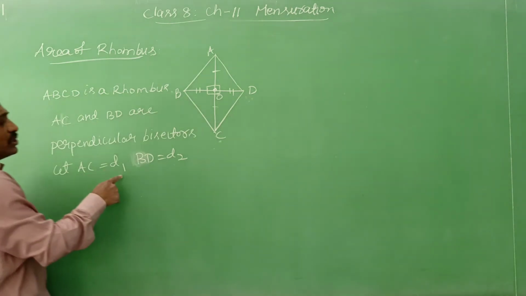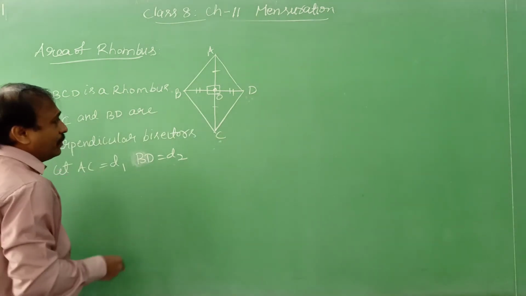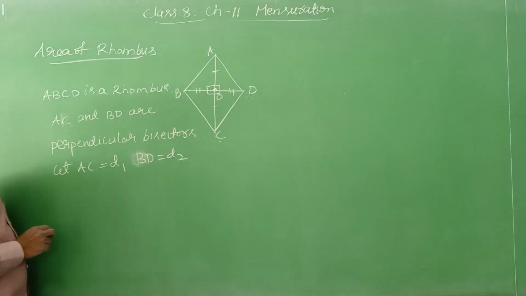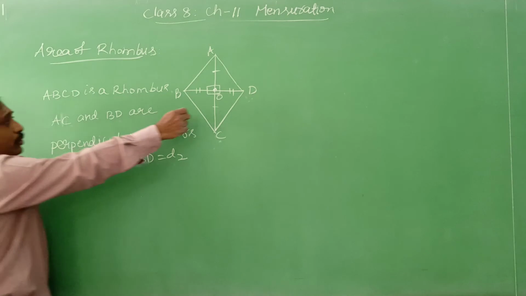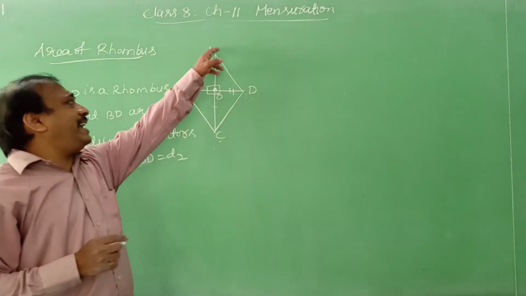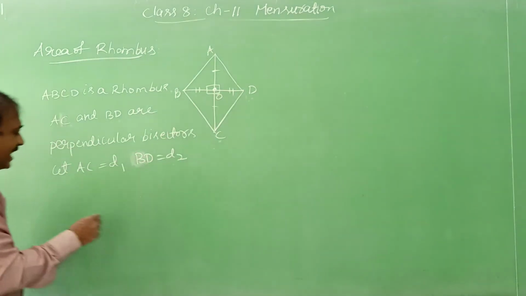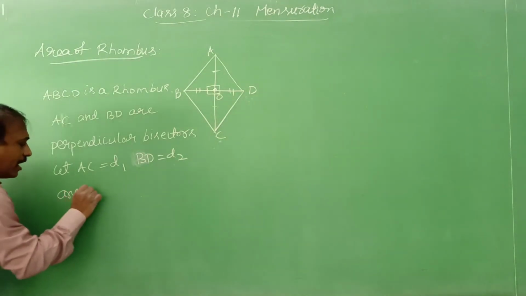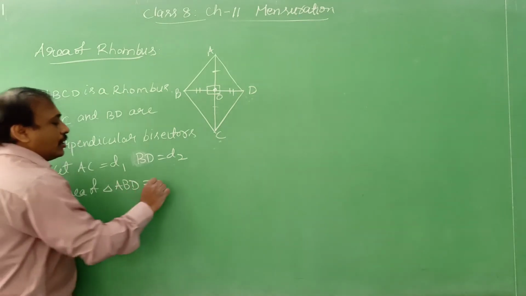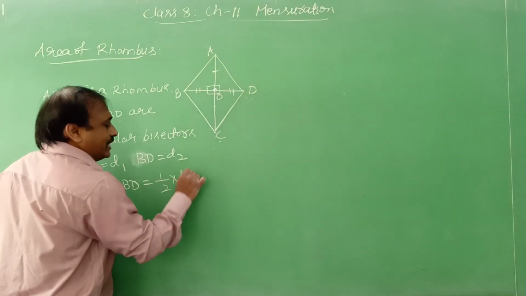So AC is equal to D1 and BD is equal to D2. AC and BD are perpendicular bisectors, and they both are meeting at O. Now use the triangle ABD. Area of triangle ABD is equal to, we know the formula, half into base into height.